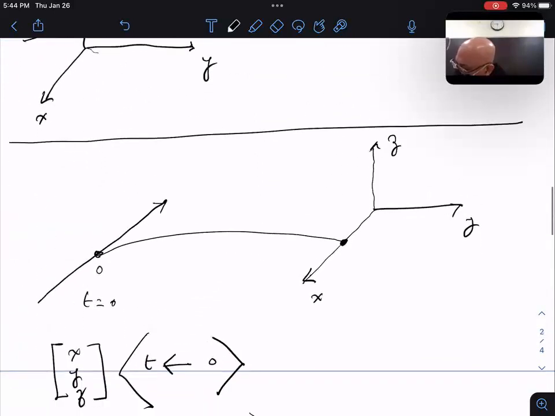Which point will that be? So 1 minus 1 is this way, 1. So that's this point. This is the point (1, 0, 0), and this is the point (1, -1, 1), the image of t is equal to 1. So this point goes there.